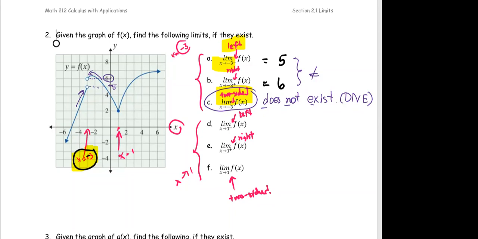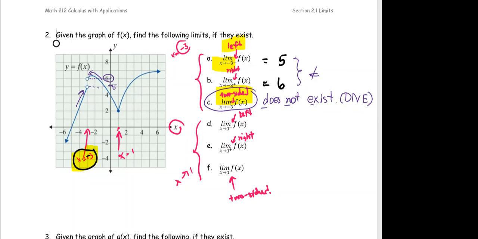You guys good? If it was connected, would it be just the y value of where the dots connect? Yes. It could be connected with a solid dot or an empty dot, as long as they come toward the same number. Okay, thank you. You're welcome.